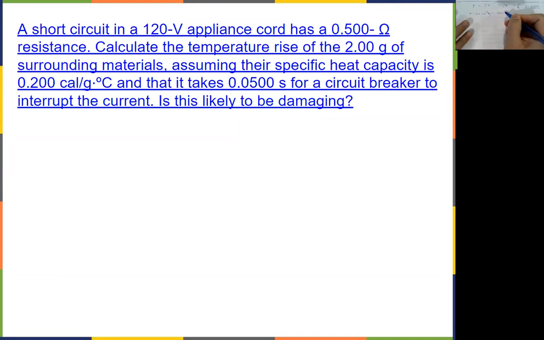The specific heat capacity is 0.2 calories per gram degree Celsius, so you probably want to convert this into joules per kilogram degree Celsius. 1 calorie is 4.186 joules. In other words, what will be the change in temperature here? That's what you're looking for.